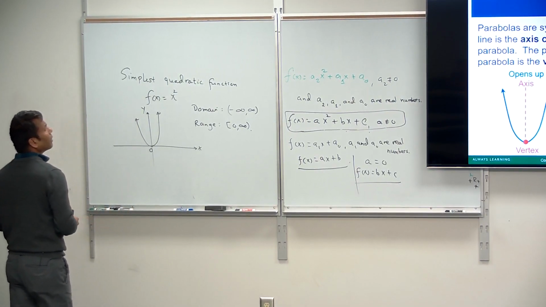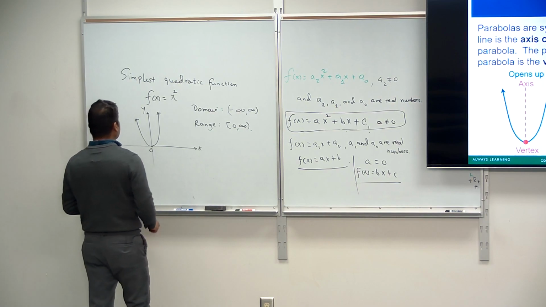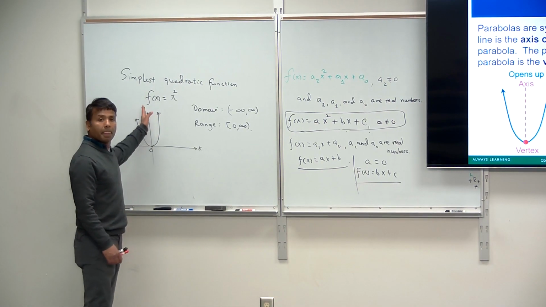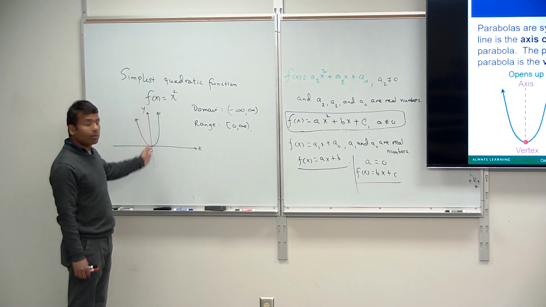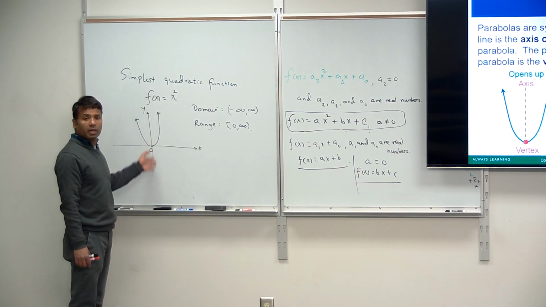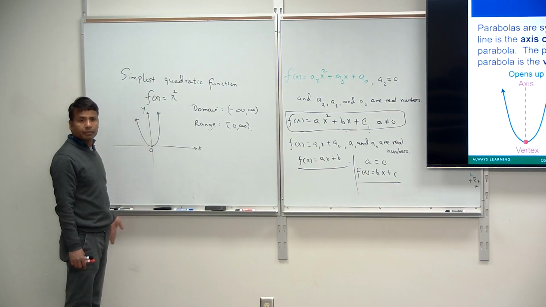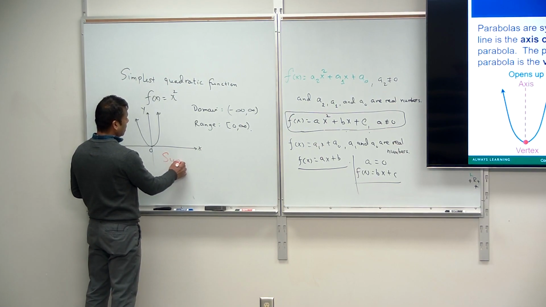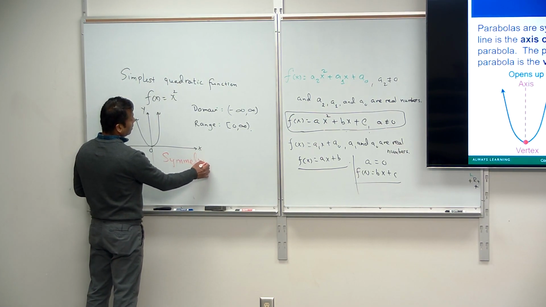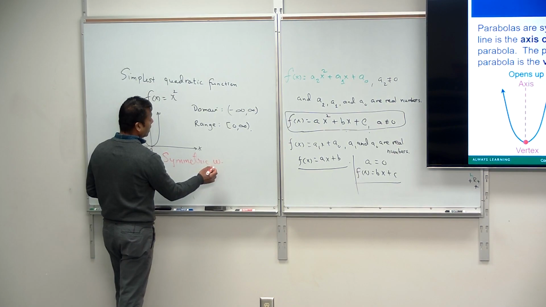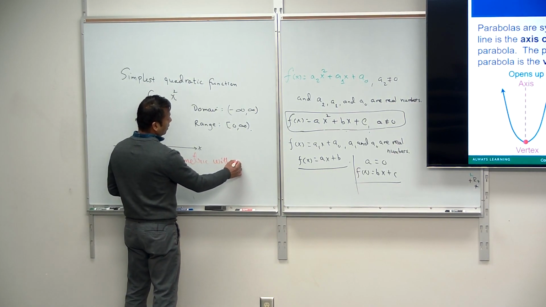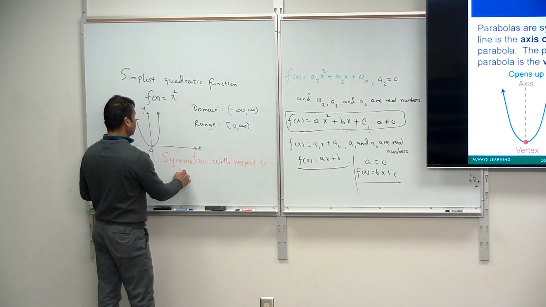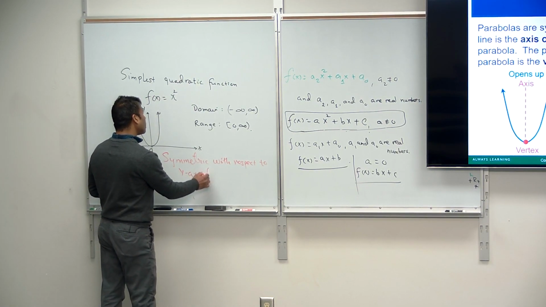Now, you see the parabola is symmetric with respect to a line. In this case, this parabola is symmetric with respect to the y-axis, right? And you know the equation of the y-axis.